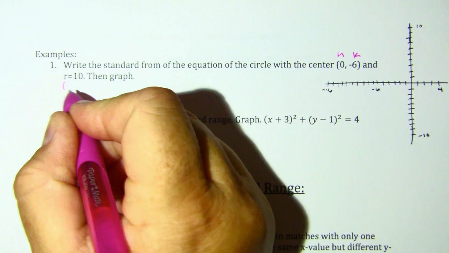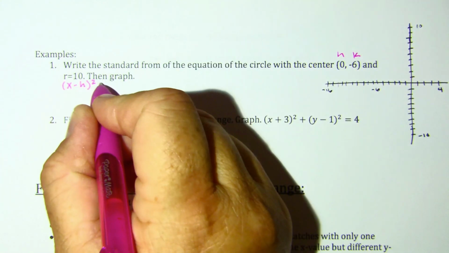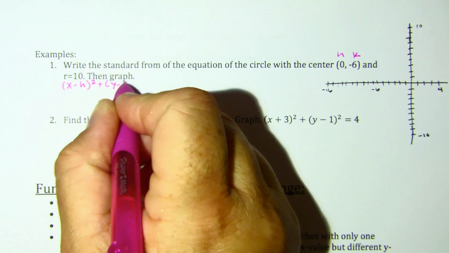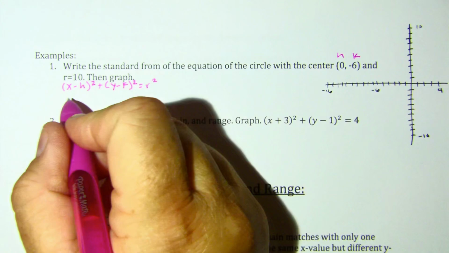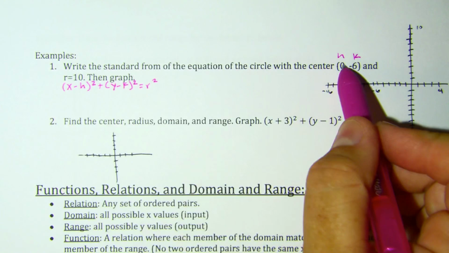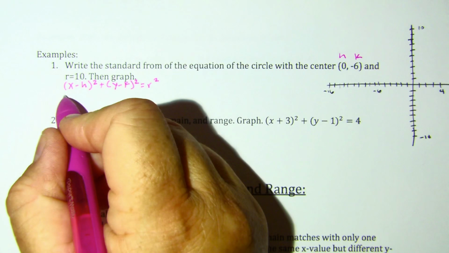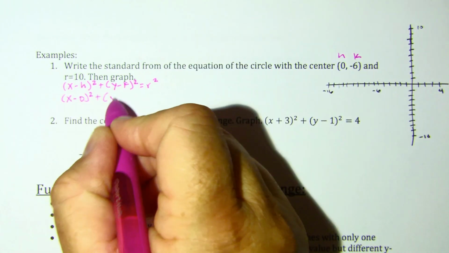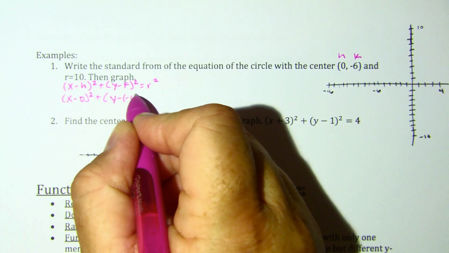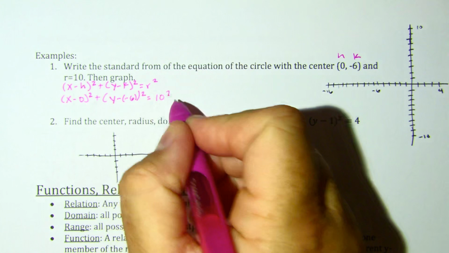So if the general form for the equation is (x minus h) squared plus (y minus k) squared equals r squared, then we can go ahead and plug in h = 0 and k = -6, and we'll have (x minus 0) squared plus (y minus negative 6) squared equals 10 squared.